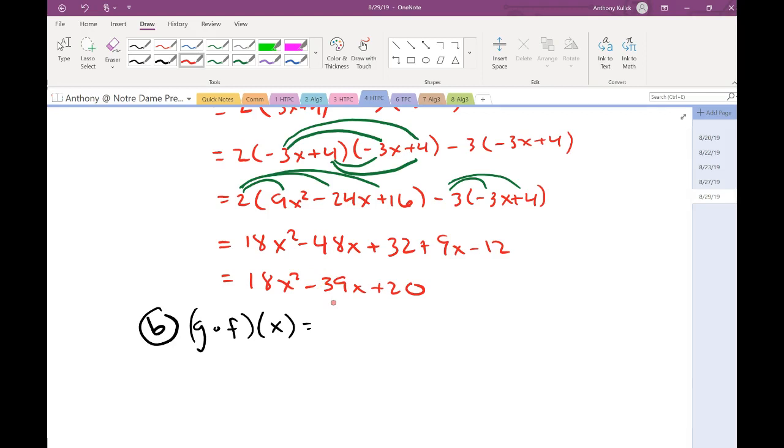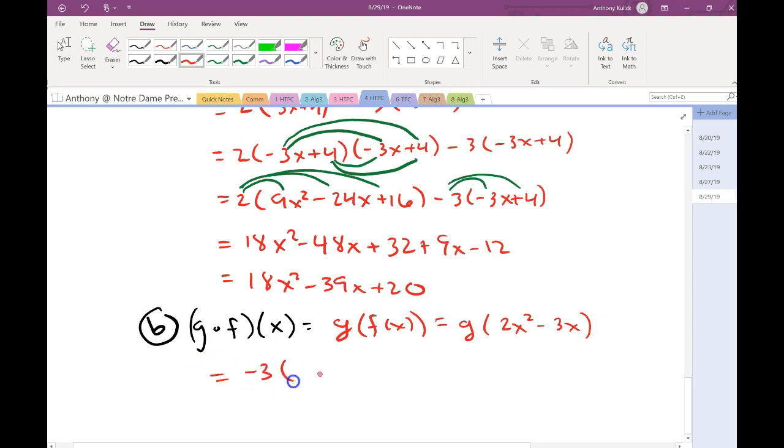All right. If I'm doing g compose f of x, I'll start by applying the definition, substituting in for my expression for f of x, and then I'm going to rewrite g, but in place of x's, I'm going to write a set of parentheses.